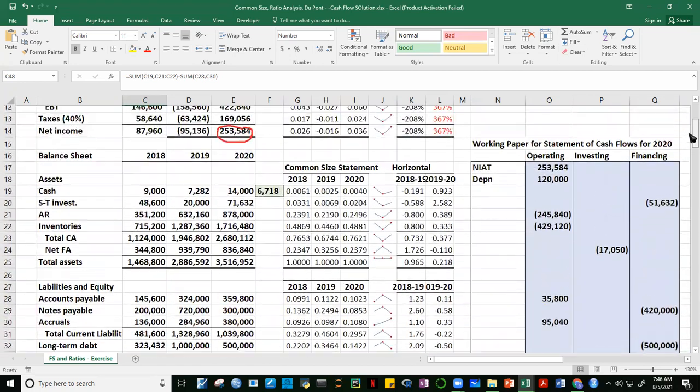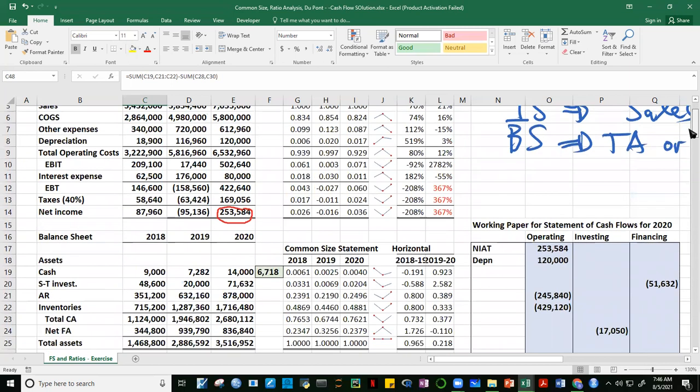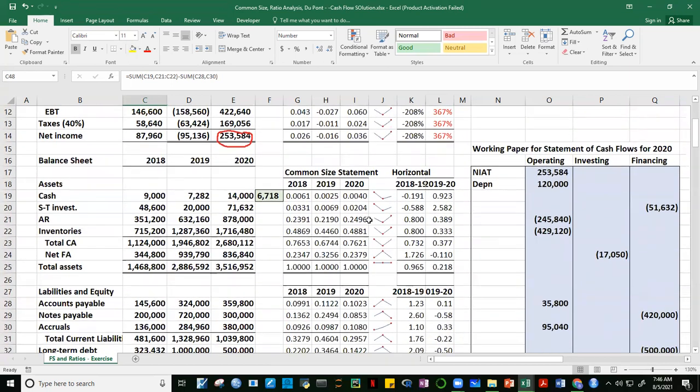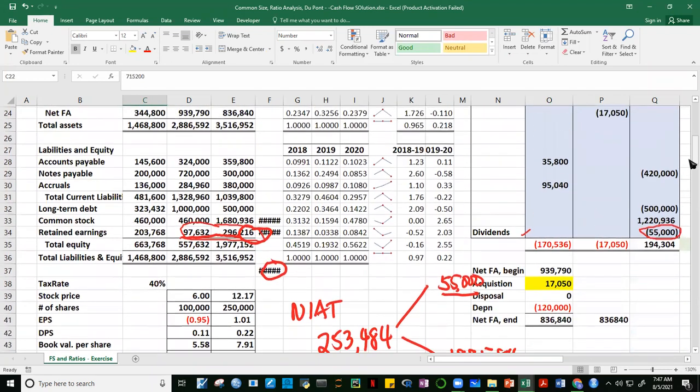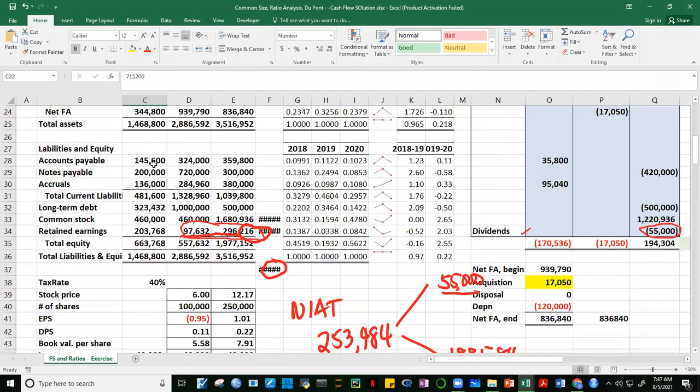If we take a look at our balance sheet, ang operating current assets natin will involve cash, accounts receivable, and inventories. Hindi kasama si short-term investments, no? Okay, so yun ang operating current assets natin. I-sum up natin itong tatlong to minus the operating current liabilities, which includes your accounts payable and accruals. Hindi kasama si notes payable.